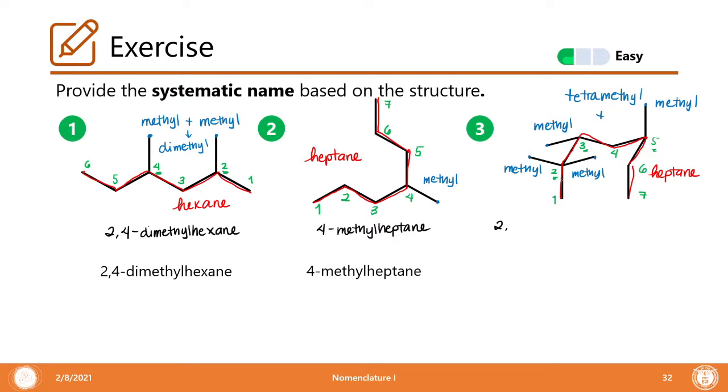Repeating it emphasizes that in position number 2, there are 2 substituents of the same kind. So we'll repeat the number 2. 2, 2. We have one at 3. We have another one at 5. 2, 2, 3, 5. Tetramethyl.